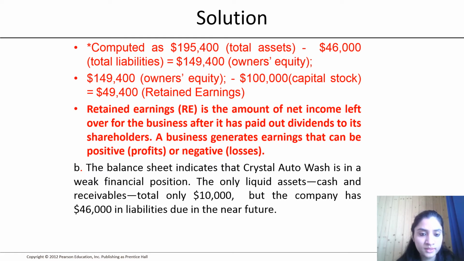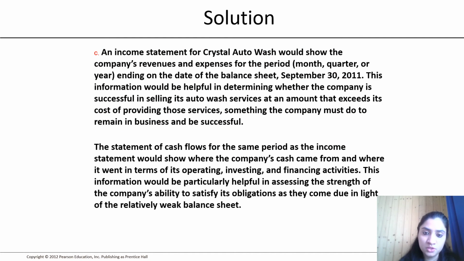Cash or cash equivalents. That's only $10,000. But in the near future, they have liabilities of $46,000 that they have to pay. So their assets are less, their capacity of paying their debts is less. So the company is in a weak financial position.